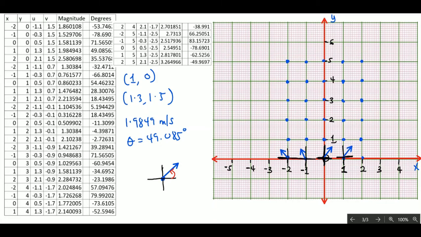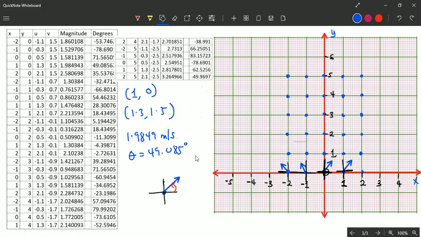You see that you are just assuming the plot is not really drawn to scale because you are doing it manually. If you want it to be exactly correct, it is going to take a lot of time. So let's say we have a magnitude of 1.5, and we represent it with this length.